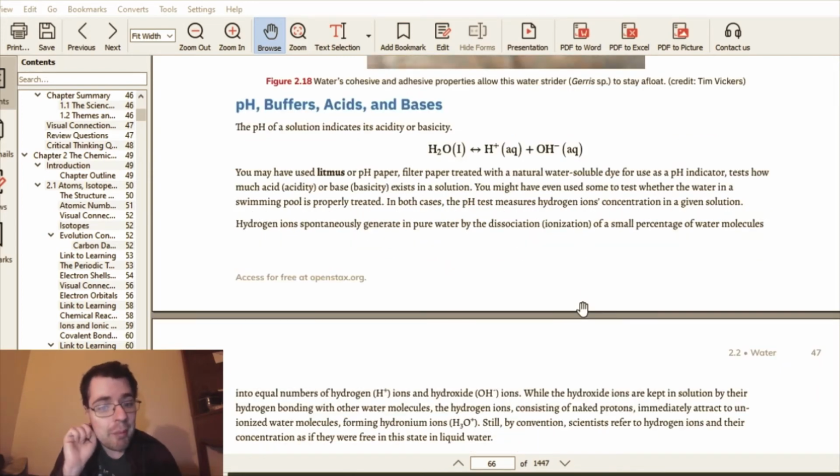You may have used litmus or pH paper, filter paper treated with a natural water-soluble dye for use as a pH indicator, which tests how much acid or base exists in a solution. If any of you have taken chemistry class, it's paper that changes color when you put it into some kind of solution.